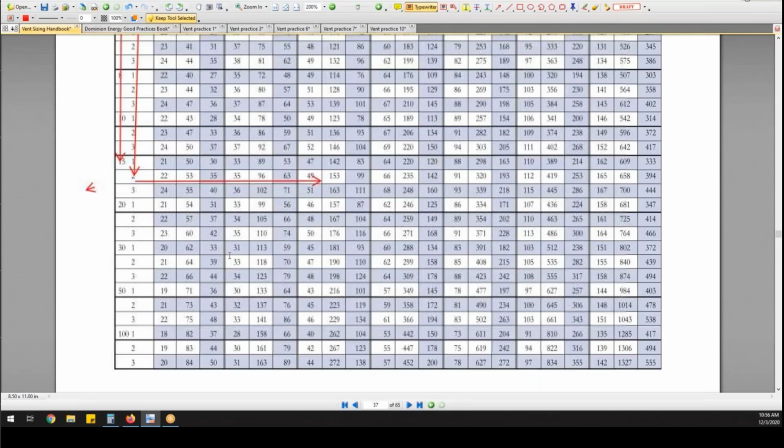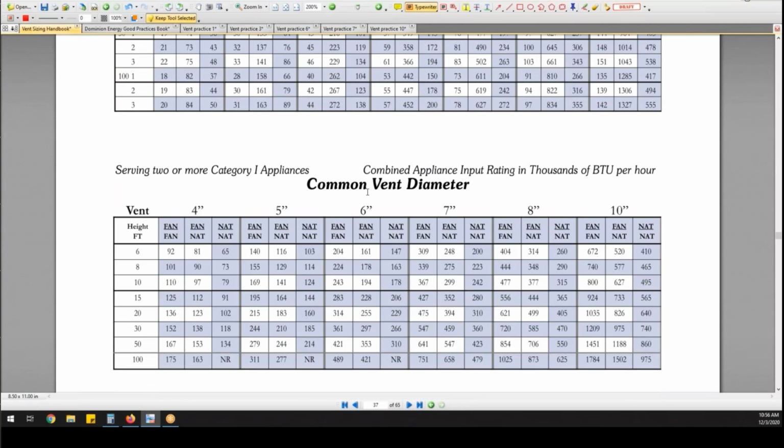So I've got down here where everything is B vent, the same thing, a common vent diameter. So I just go through the same motion. Come down to my 15-foot height. Okay. And we've got to find a fan-nat combination that will do 135. So I come across. 4-inch won't do it because it will only let me get away with 112.